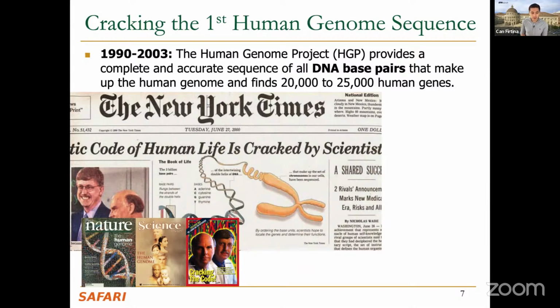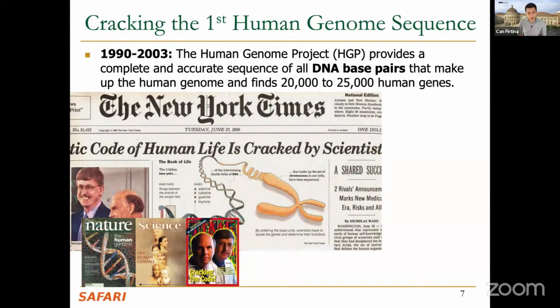And as the sequencing technologies improved, or as people came up with working ways that can decode the content of your DNA by preserving the order of the nucleotides that you have in your DNA, people started thinking of decoding the entire human genome.